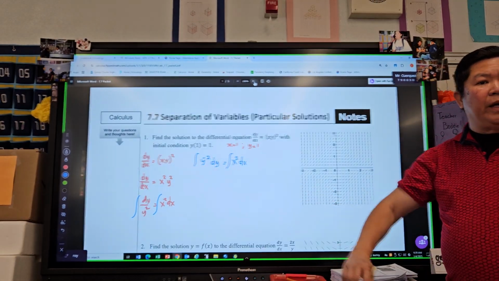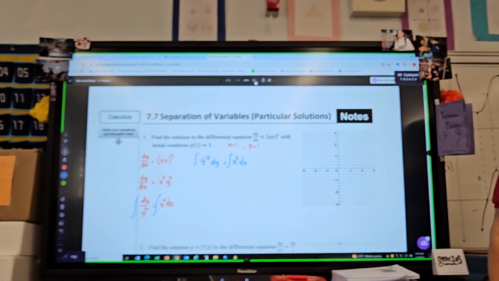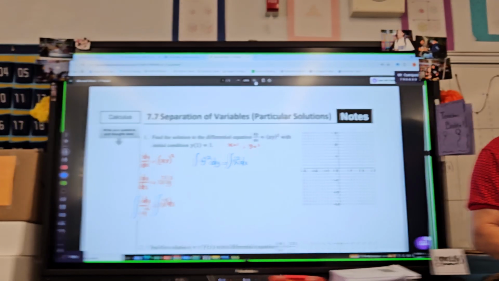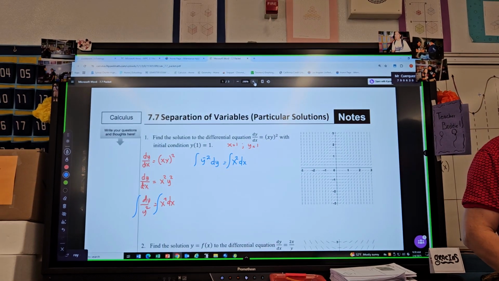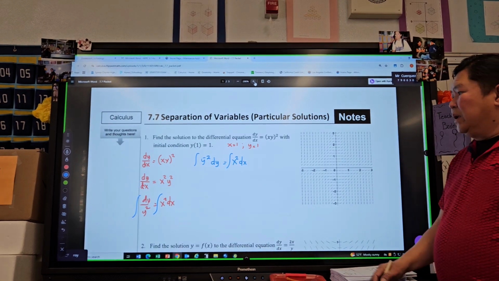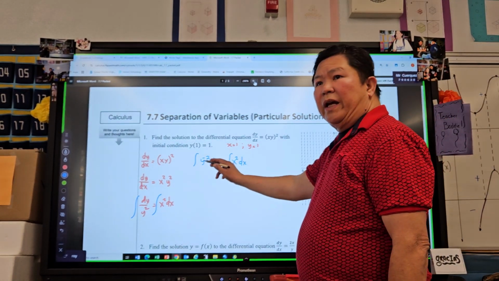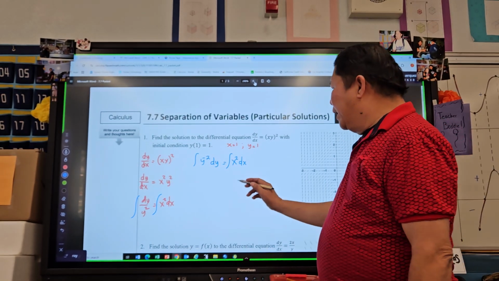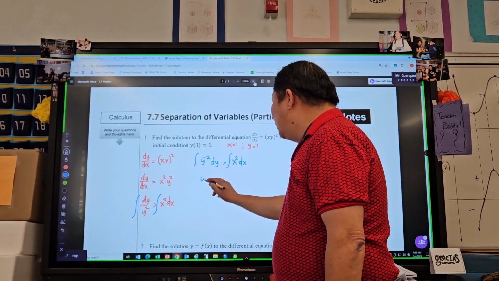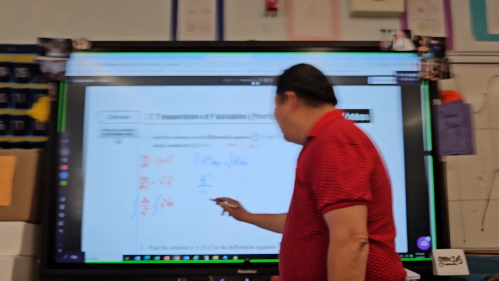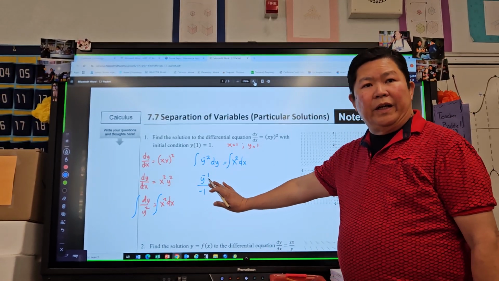Can you now take the antiderivative of y to the power of negative 2? The power increases by 1, and the new power is the denominator. Negative 2 plus 1 is negative 1, so this is y to the power of negative 1 over negative 1. Is this clear, guys?